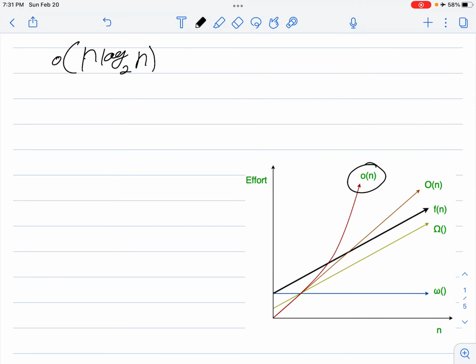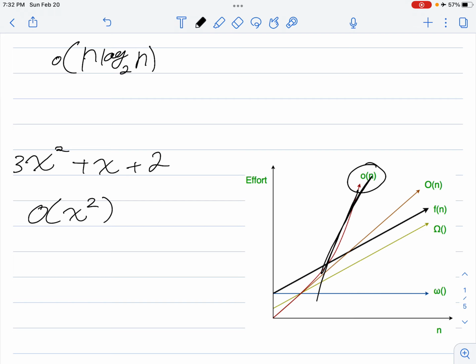I grabbed this picture off of Geeks for Geeks as a visual aid. We're used to seeing, let's say, 3x squared plus some x plus 2, right? And then we would say the big O is x squared, because it's this loose upper bound, right?